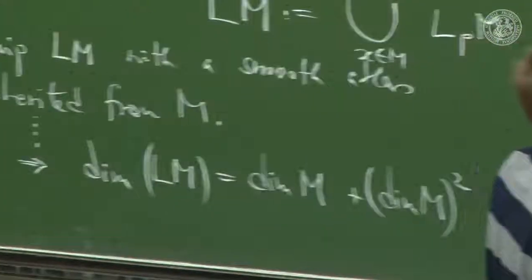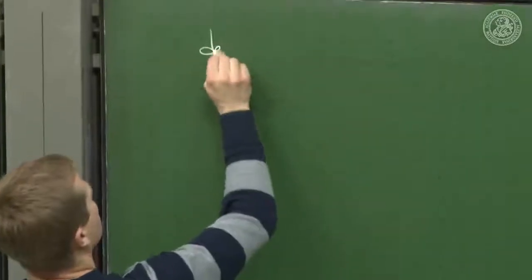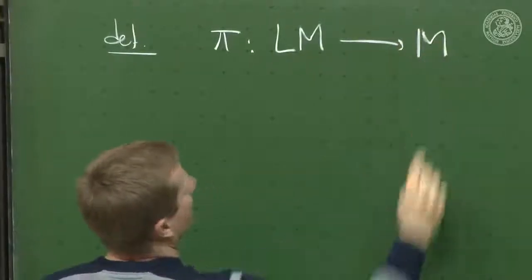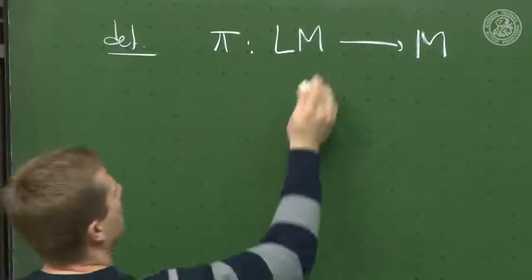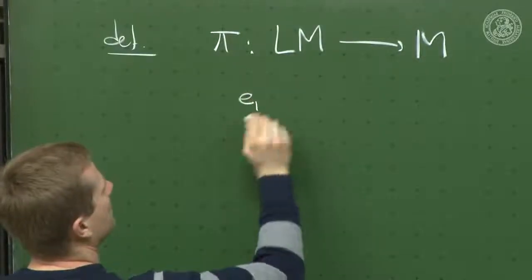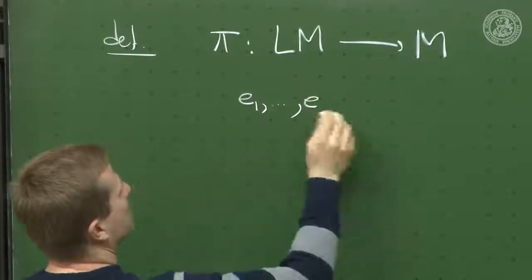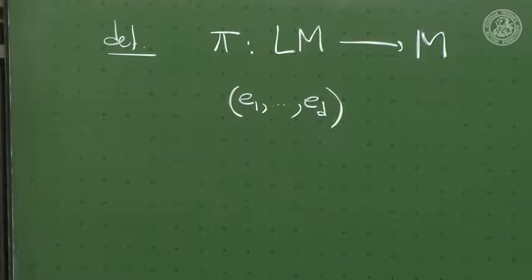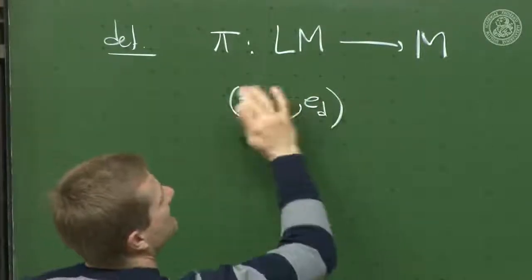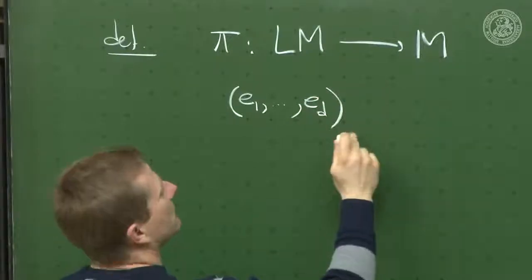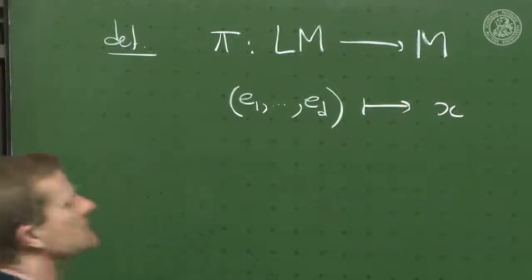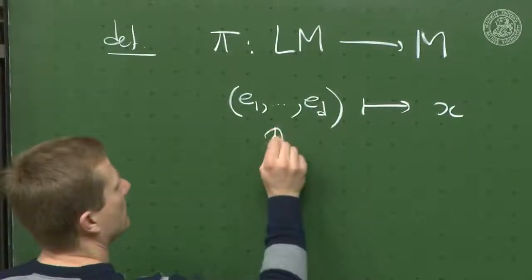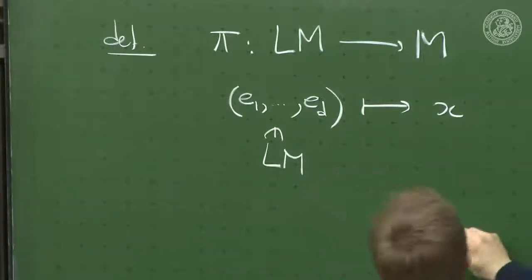Now, there's something missing. What we still need is the projection map. So we define the projection map pi from LM down to M, and this is now the apples and pears thing. If I take an element from here, it's necessarily of this form. Let me write D for the dimension of M. You take this and look at it and say, oh, it's an apple, so you know at what point it is defined, and this unique point you assign to it. So the logic is: this is from LM, and then you assign to it the x.